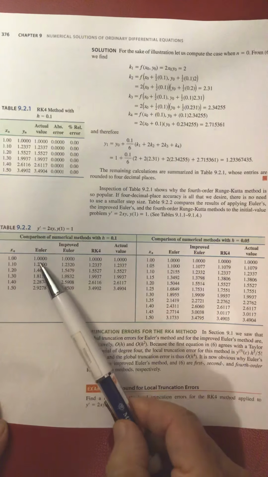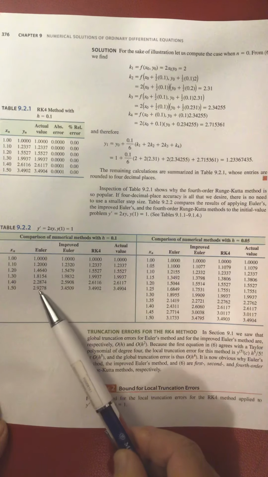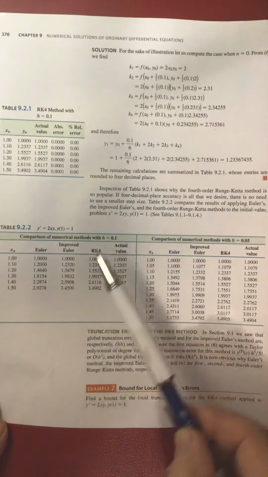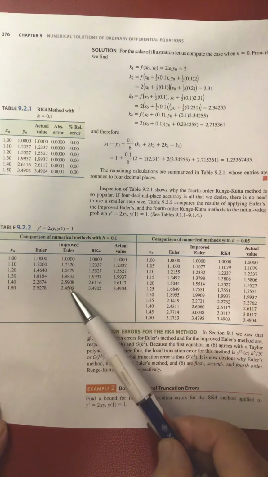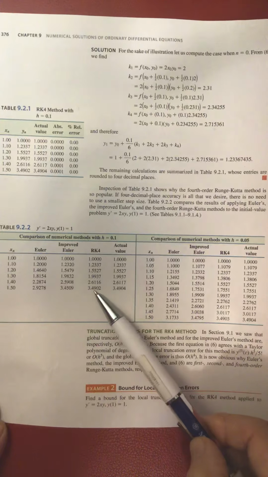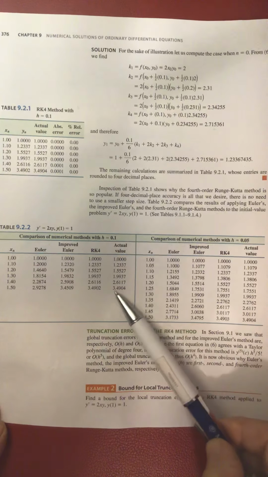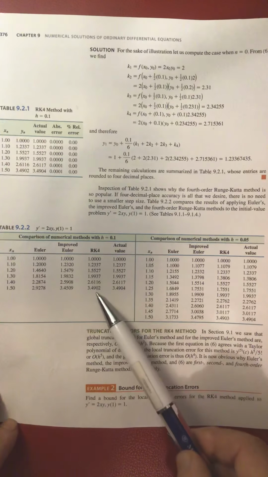When you use Euler's method, after those 5 steps, you get 2.9278. Improved Euler's method is much better, 3.4509. The RK4 method gives 3.4902, where here's the real value. Look how much more accurate it is in the same number of steps.